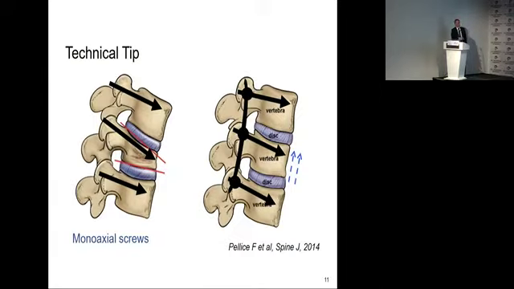Another important point is that you need to be parallel to the end plates, because when you put in your rods, it spontaneously reduces. When you tighten your screws, it reduces your end plates.